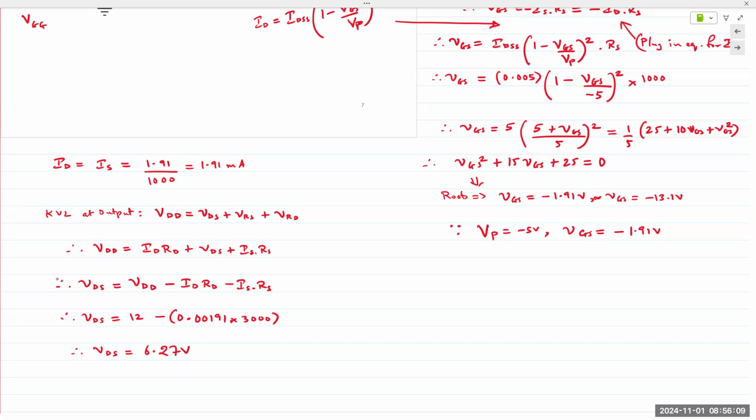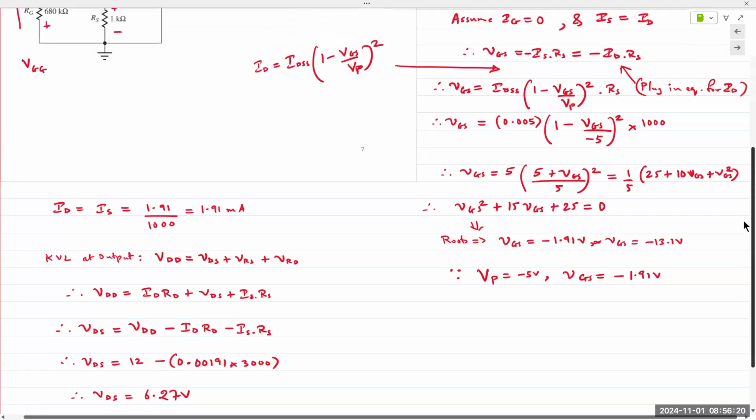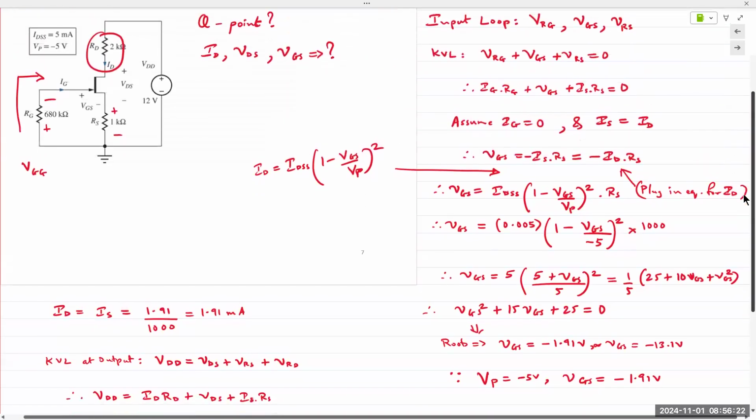Professor, could you explain again why we assumed IG to be equal to 0? It was in a previous step above. We said IG was equal to 0 and IS became ID. Yes, the FET has infinite input impedance. Theoretically, in real life, it's very high input impedance. So the gate current is very minimal.